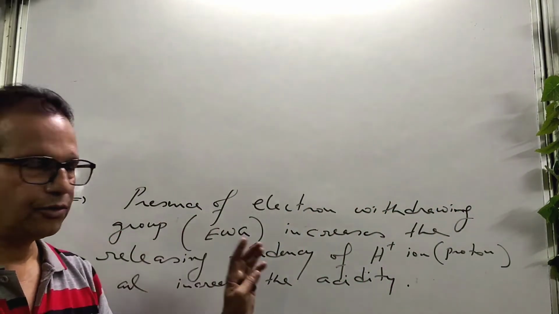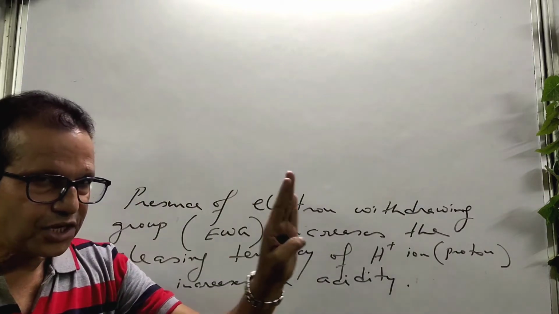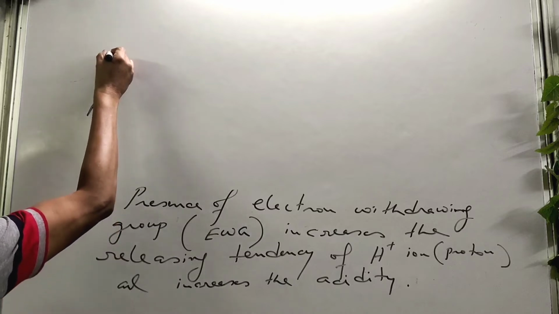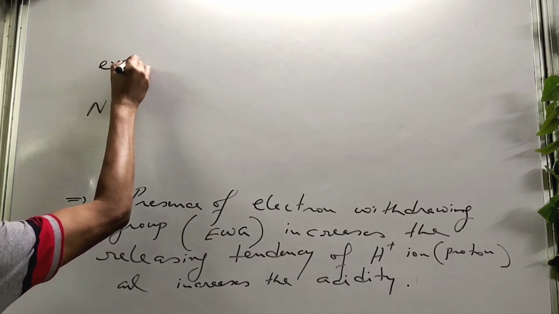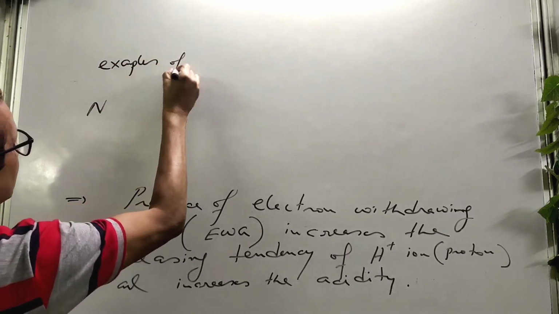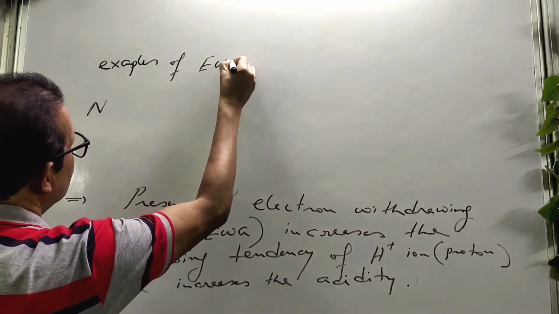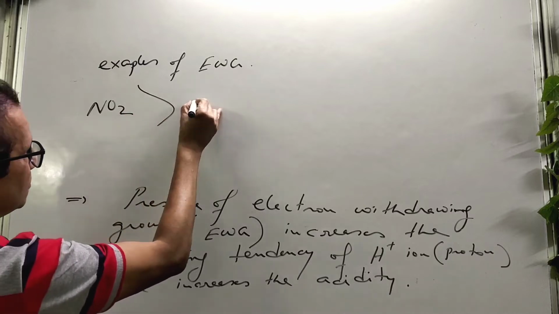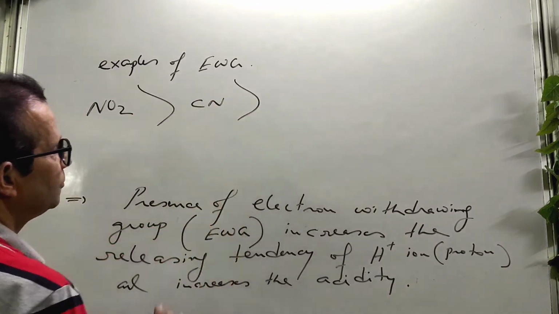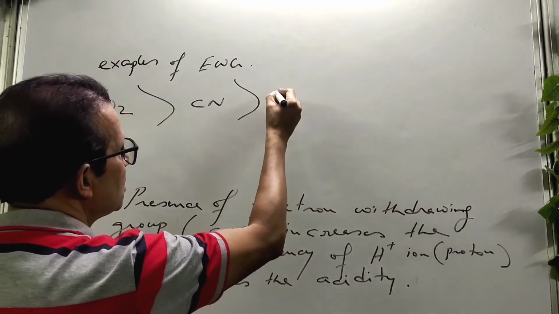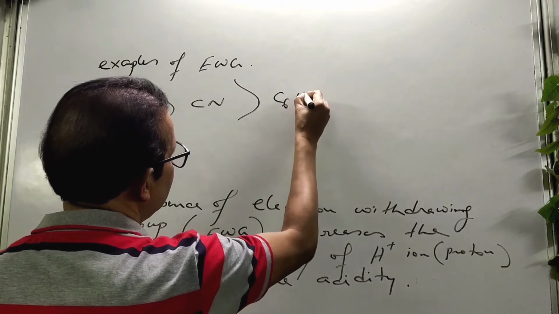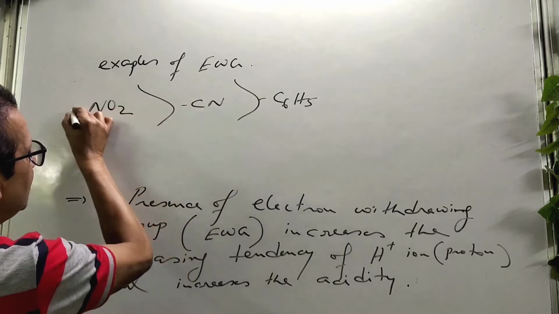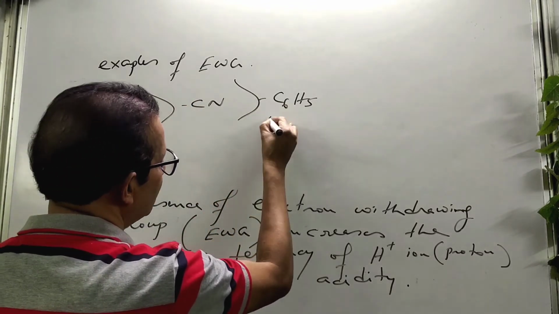The electron withdrawing groups in decreasing strength are nitro. Examples of electron withdrawing groups in decreasing order: nitro, cyano, benzene ring C6H5, it's called phenyl or aryl.